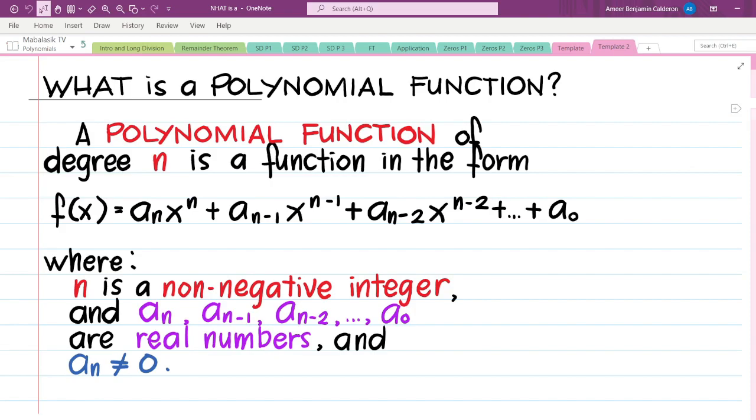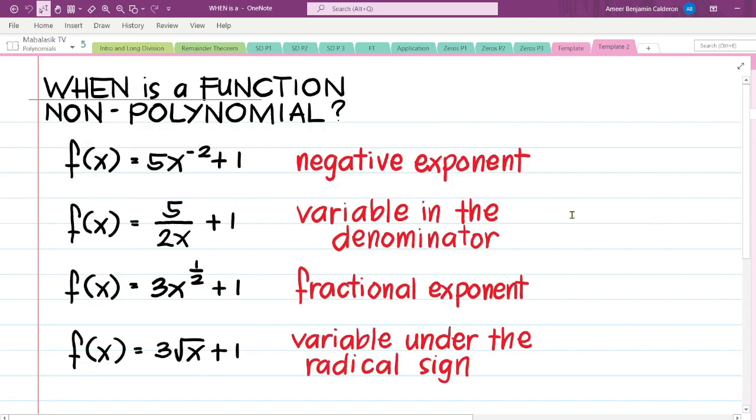Let us now focus on the conditions when a function is a polynomial, or when it is a non-polynomial. These are the four conditions that we have to look for. Firstly, if it has a negative exponent to a variable.